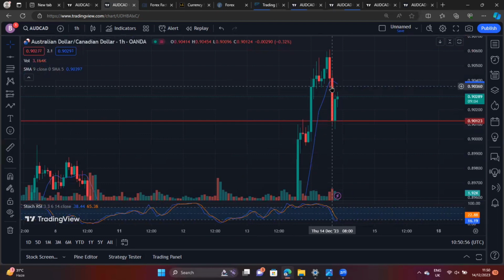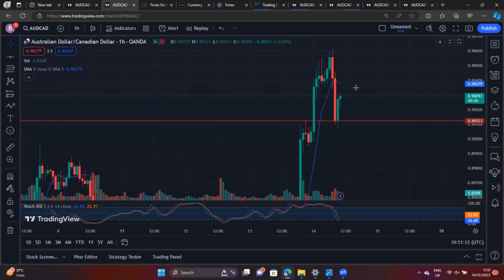Now we saw how this area also became a support to the current market. This is the current candle drawing up. You saw how price bounced here and bounced right up. Price touched the same resistance and bounced right up.